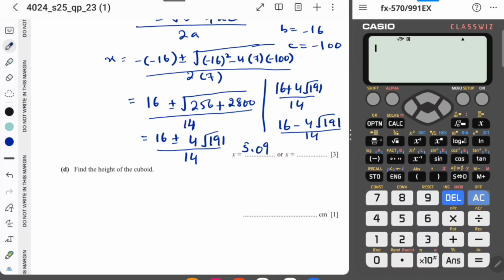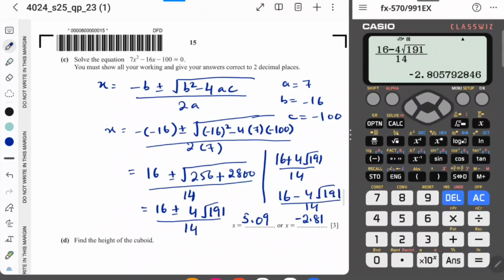And the second one is 16 minus 4 square root 191 upon 14 equals minus 2.805. It means minus 2.81, corrected to 2 decimal places as they are asking for.